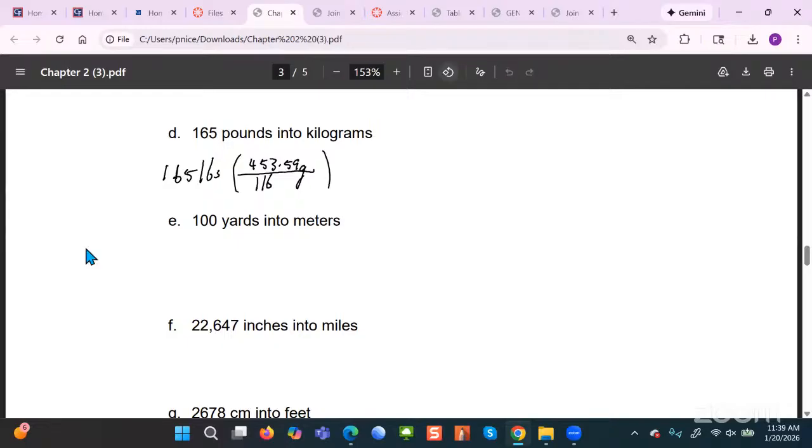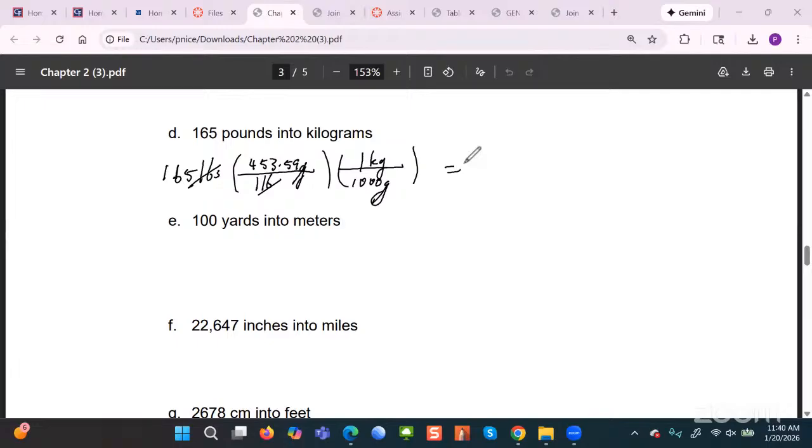So we need another conversion factor, which would be 1 kilogram above. Kilo means 1,000, so we're gonna put 1,000 down here. And that's it. The pounds will cancel out, grams will cancel out. And let's see what this gives.